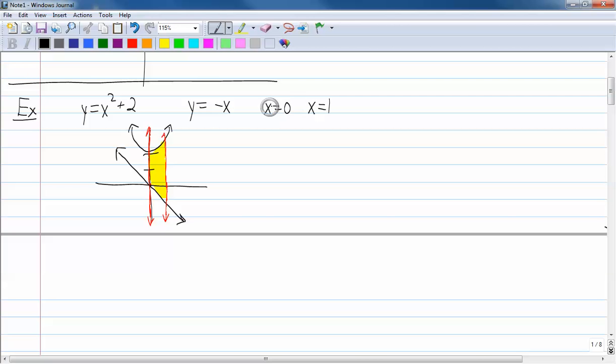Now, these two equations here, x equals 0, x equals 1, that just puts the boundaries for your integral. So the integral from 0 to 1, top curve minus bottom curve. So the top curve is x squared plus 2 minus the bottom curve, negative x.